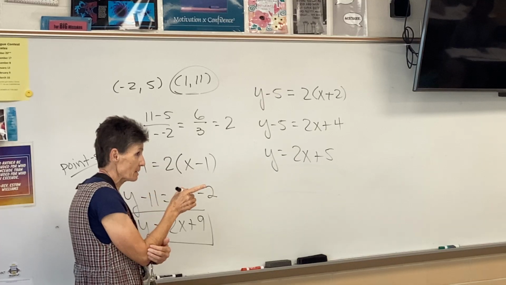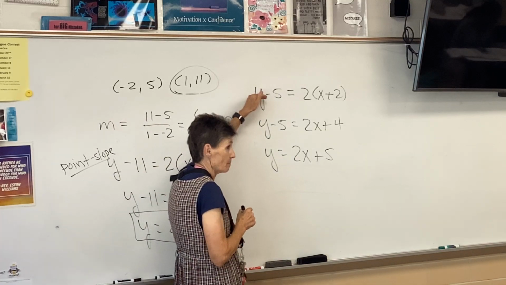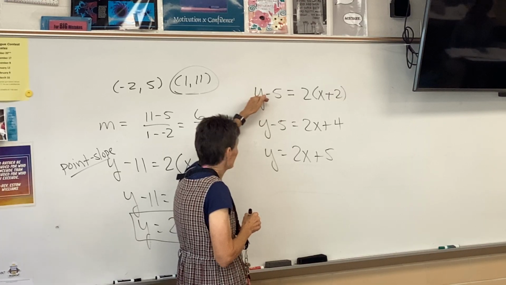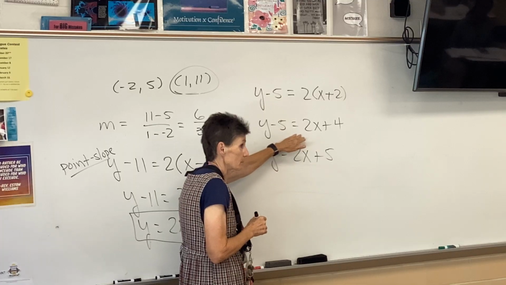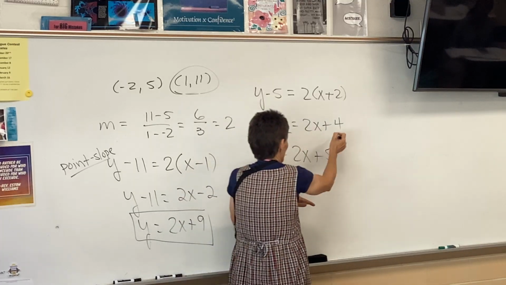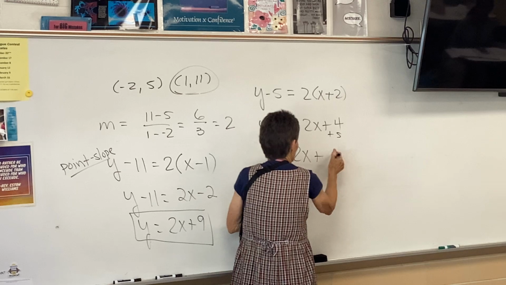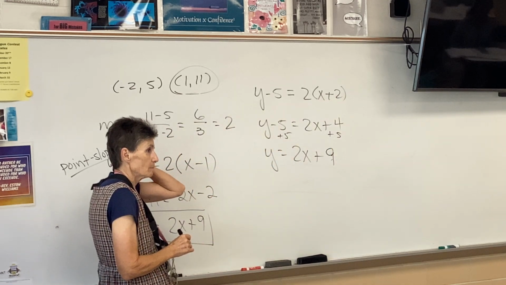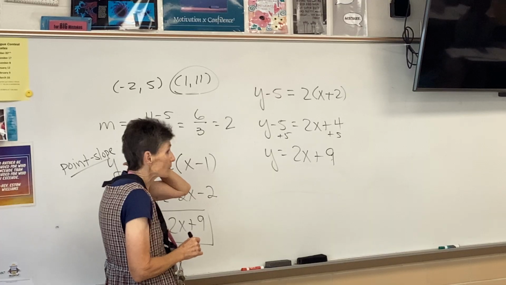So find your mistake. If you had this, can you figure out what you did wrong? How come you didn't come out with 2x plus 9? Because I added the 4. Or I got -4.